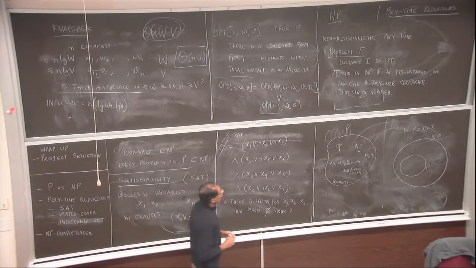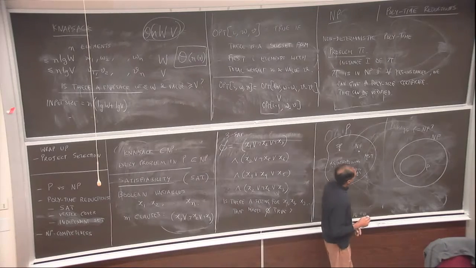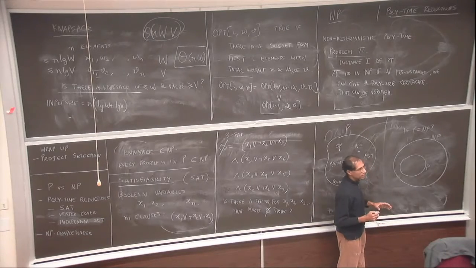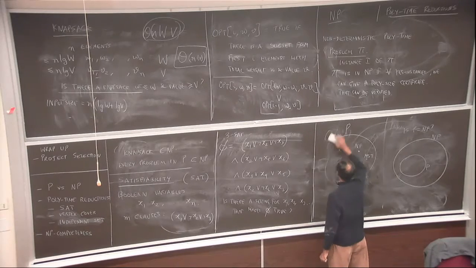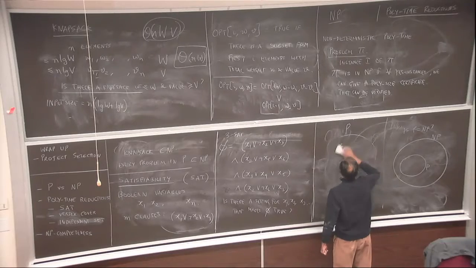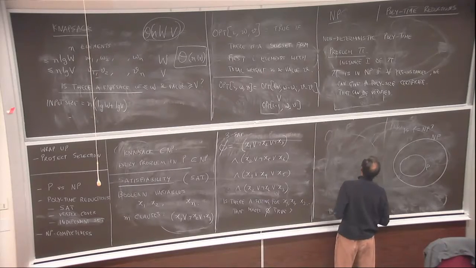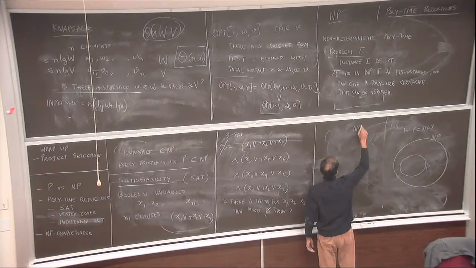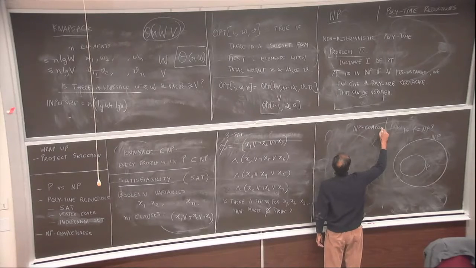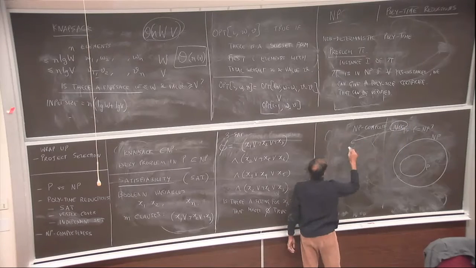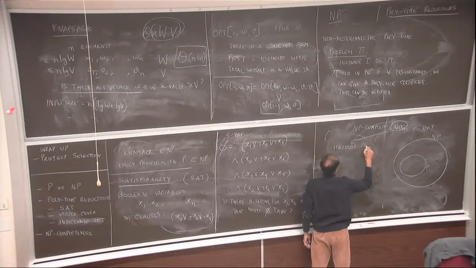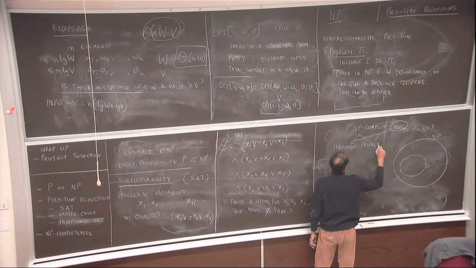Okay. We have a lot of evidence, so we have arrived at the following understanding. We have identified a class of problems called NP-complete. Think of these as the hardest, the most difficult problems in NP.